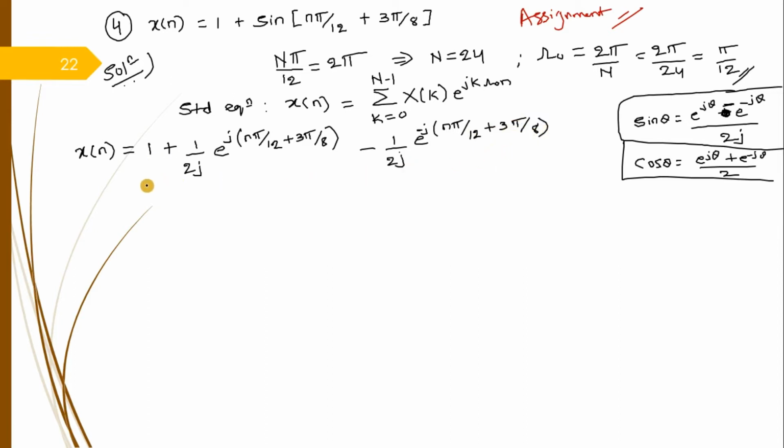So next, if you observe carefully, even 1 can be written in the form of e raised to something. So let me show you. In x of n, 1 can be written as 1 into e raised to j0. That is nothing but 1 plus 1 by 2j.